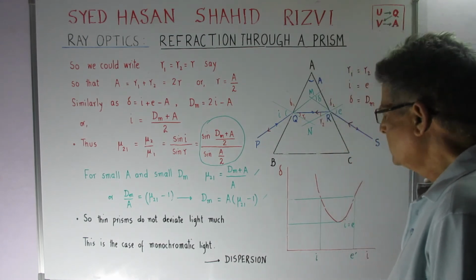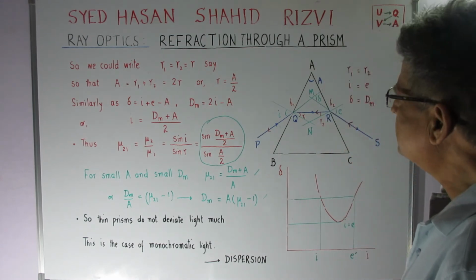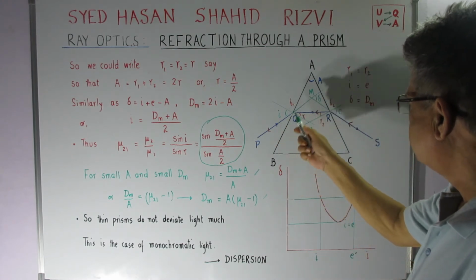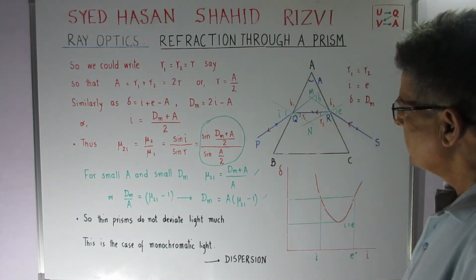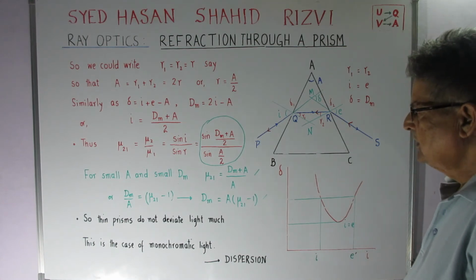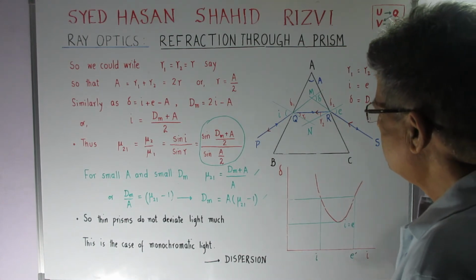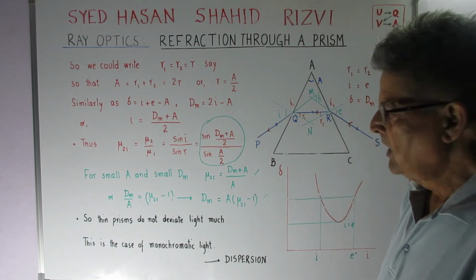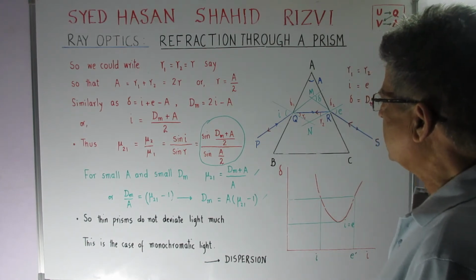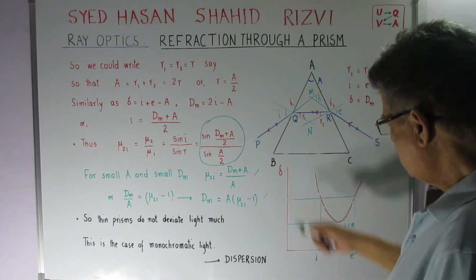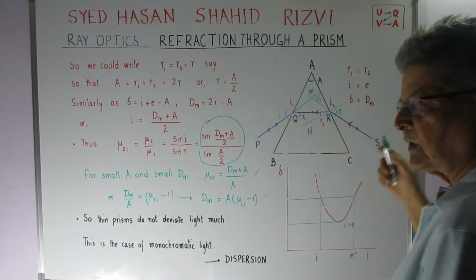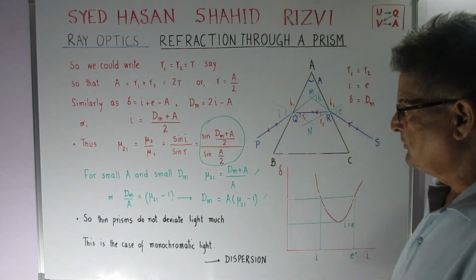But instead of a monochromatic light coming onto the prism, if there is white light, which is a combination of so many colors, then there will be a dispersion, which I'll just draw for you.